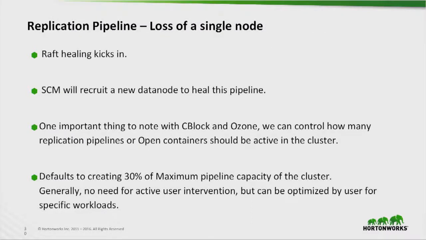Okay? How do we deal with the loss of a single node? So Raft is a replicated state machine. They actually heartbeat all the time. So if you have a 3-node cluster, they are heartbeating all the time. And if one node goes down, then SCM eventually learns about it, and SCM will give you spare nodes. Now, what does it tell you?